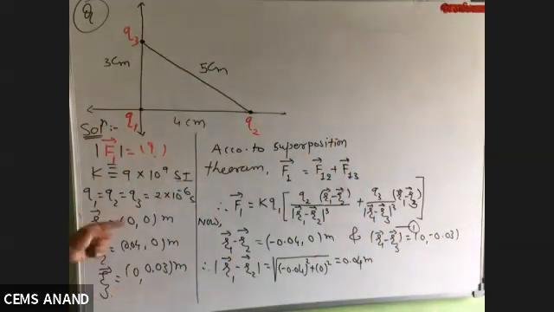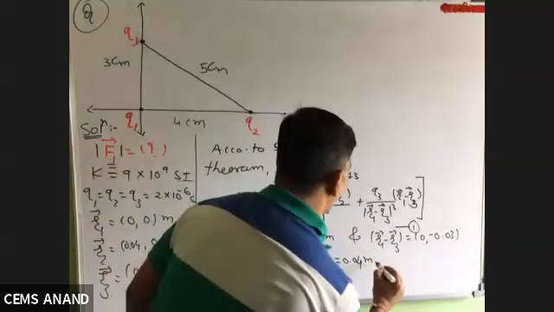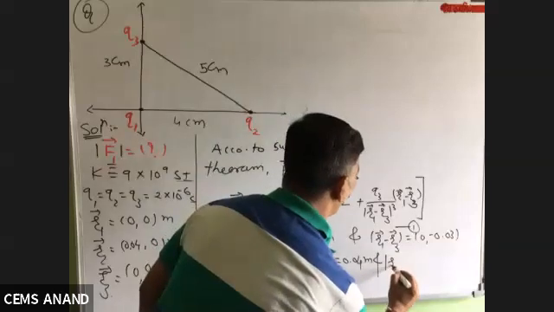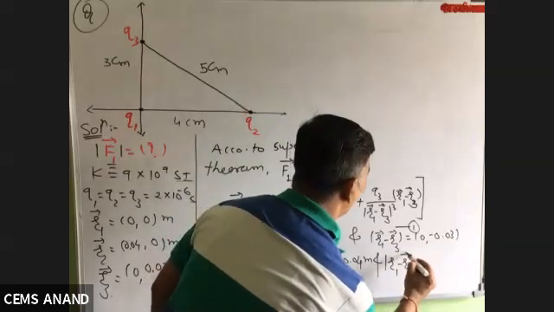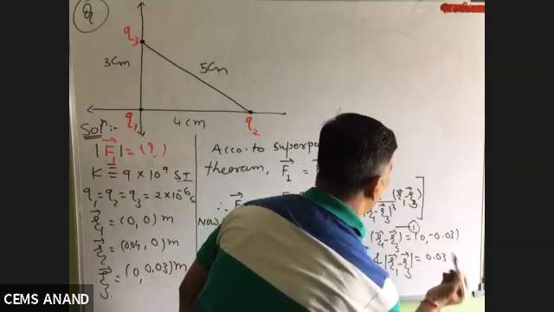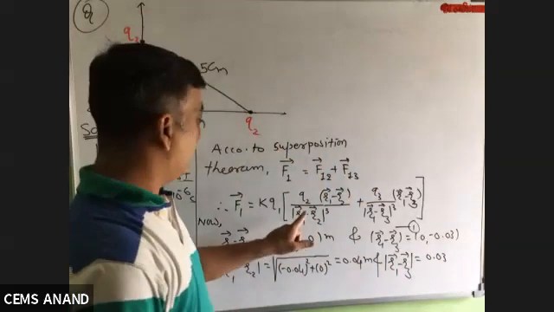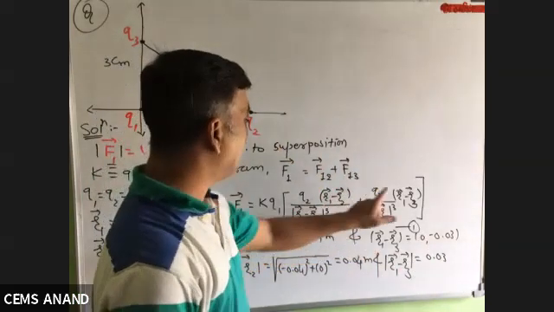R1 minus R3, 0 minus 0, that 0 minus this. That's why the modulus of R1 minus R3 is equal to 0.03, like this. Okay, so now we have this and that.